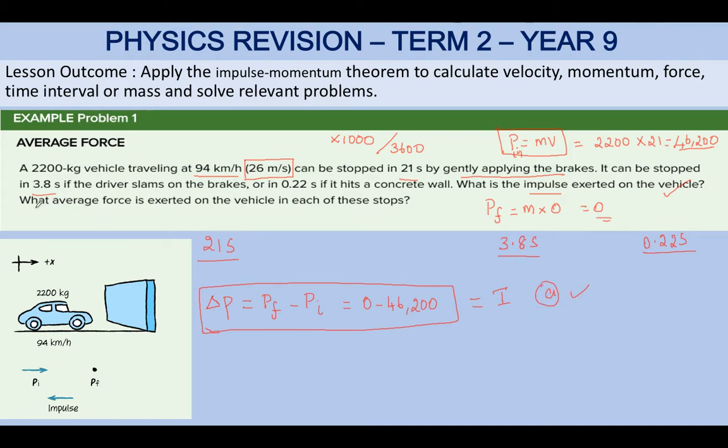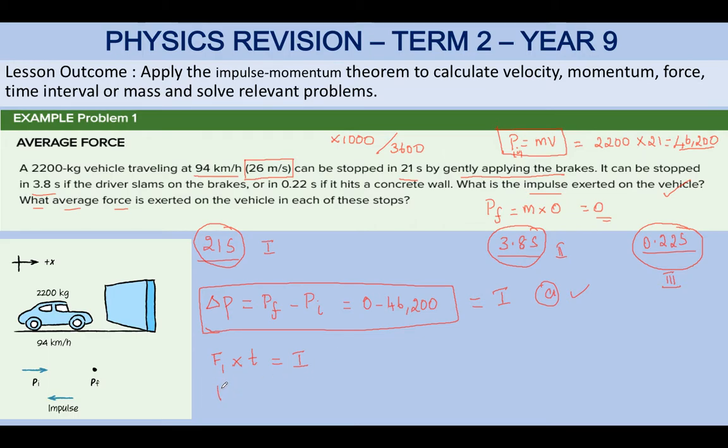Now, for part B, what average force is exerted on the vehicle in each of these stops? So, that is when you need to calculate for 21 seconds, for 3.8 seconds, and 0.22 seconds. So, if I take this as the first situation, this as the second, this as the third, for the force in the first one, force times time will be equal to impulse. The impulse formula is what I gave you earlier: force times time equals impulse.